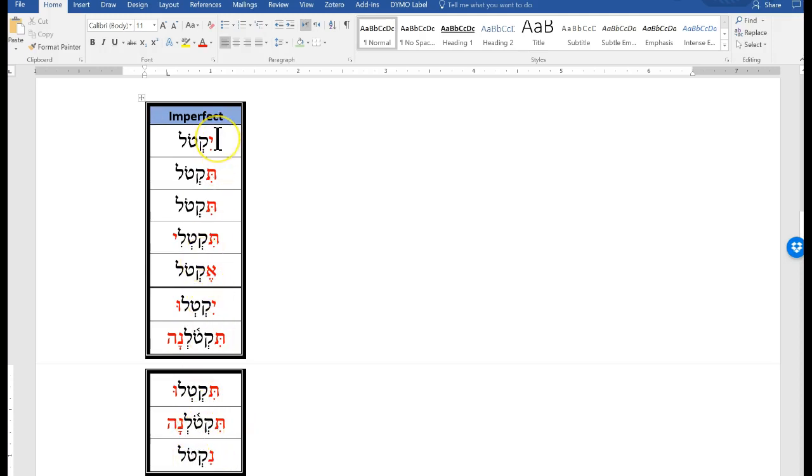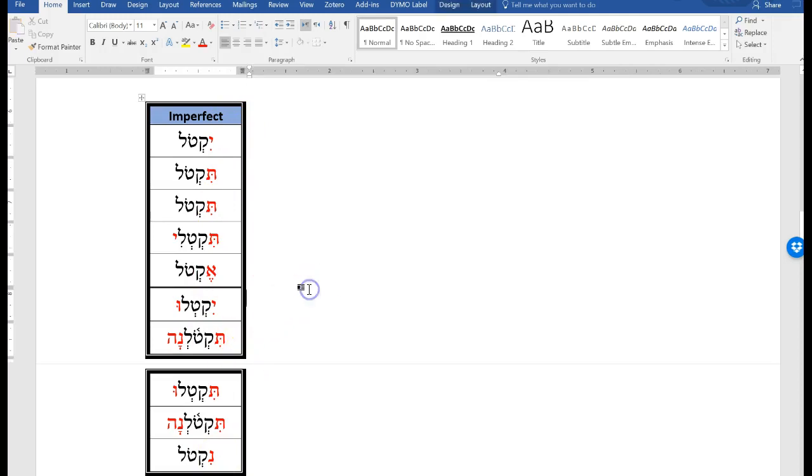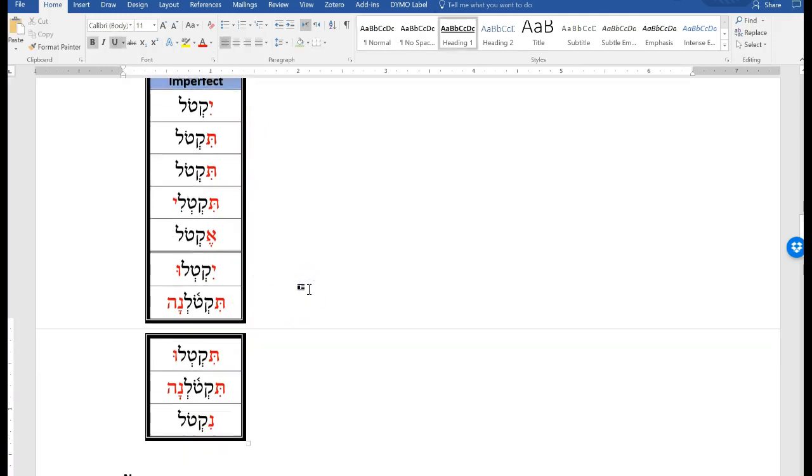So he was killing, she was killing, you were killing, you, woman, were killing, I was killing, they were killing, that is men. They were killing, that is the they is women. You were killing, that is you men. You were killing, that is you women. We were killing. So the call imperfect of katal.